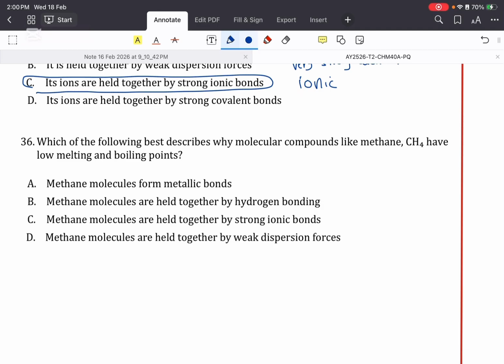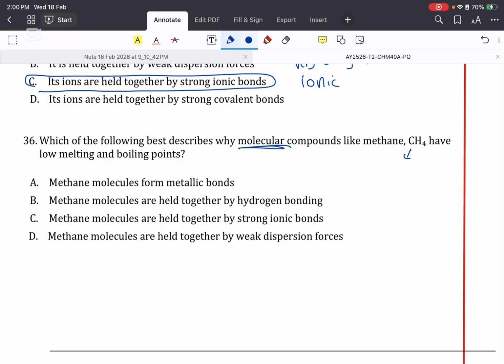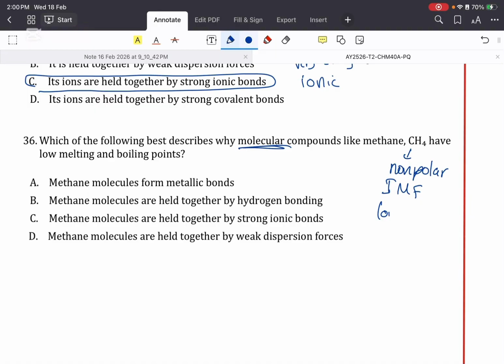Which of the following best describes why molecular compounds like methane have low melting and boiling points? It's a molecule. In general, molecular compounds have weaker intermolecular forces than ionic compounds. Second, methane is a non-polar molecule, which means it only has London dispersion forces.